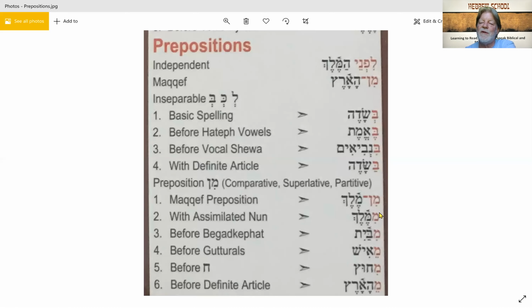Now, this is one we've got to be flexible with, because sometimes a mem prefix can also mean the opposite of from. It can also mean to. So the context is going to have to help us determine whether it means to or from. And sometimes it's really confusing, like when it talks about the Garden of Eden being mi kedem, or from the east.